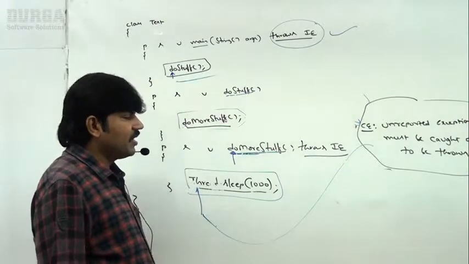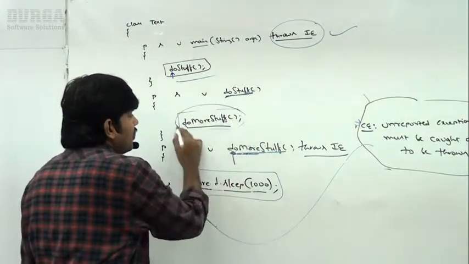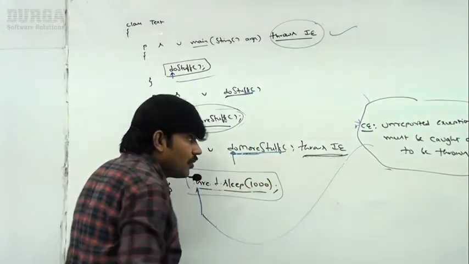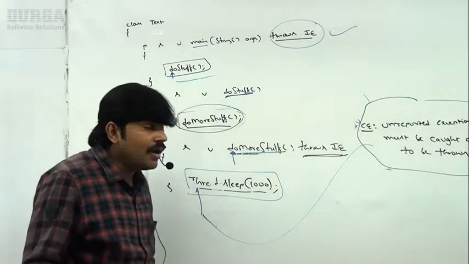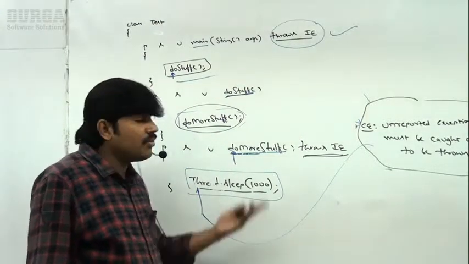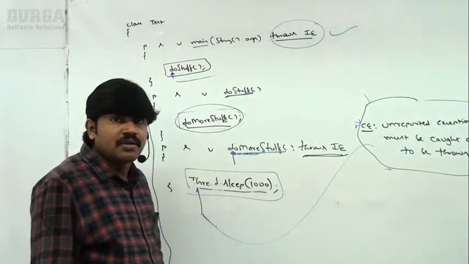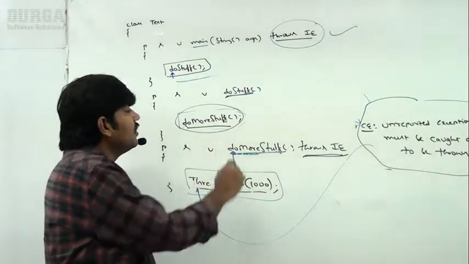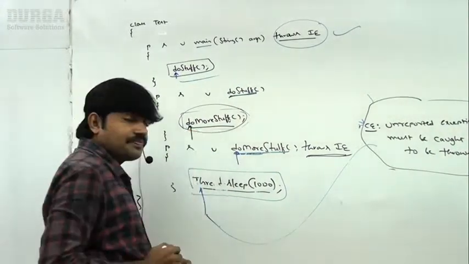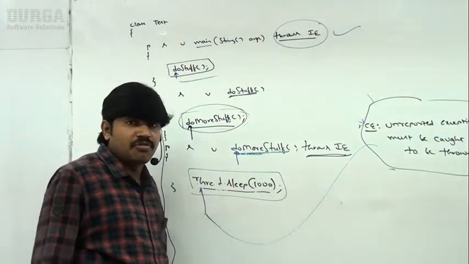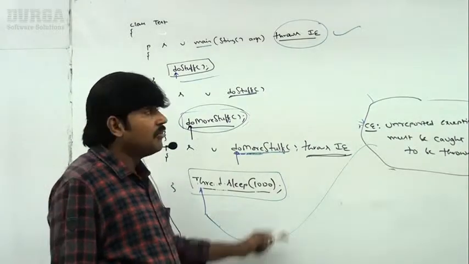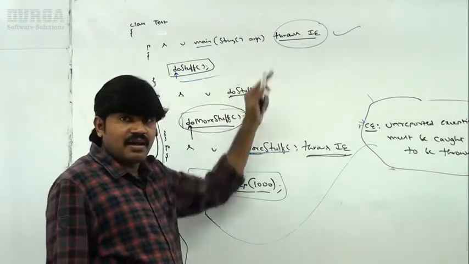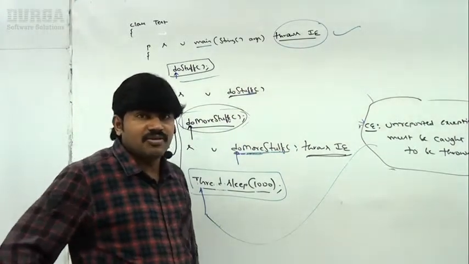Immediately the compiler will ask, hey doStuff, you are calling doMoreStuff. doMoreStuff throws InterruptedException. But where you handle it, you didn't report about that. You didn't report about that, like the compiler objected to this line. Then immediately doStuff is going to get fired like anything. Hey, my caller already handled. My caller already handled. Why are you asking this question to me?